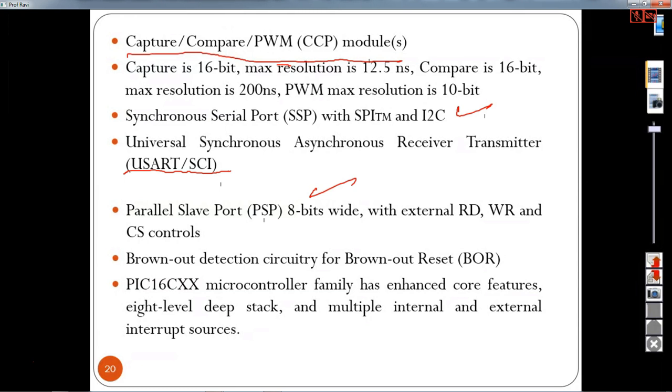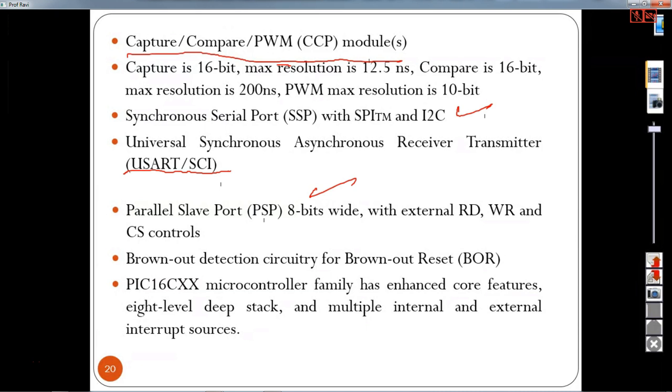Coming to the 8051, to interface sensors to the 8051 microcontroller, we did this with the help of an A to D converter interface. But the PIC microcontroller has an onboard A to D converter. So RA0 can also be analog input 0, RA1 analog input 1, RA2 analog input 2.